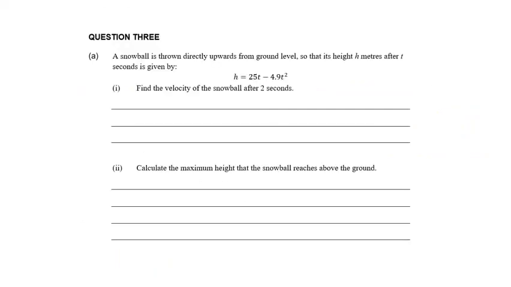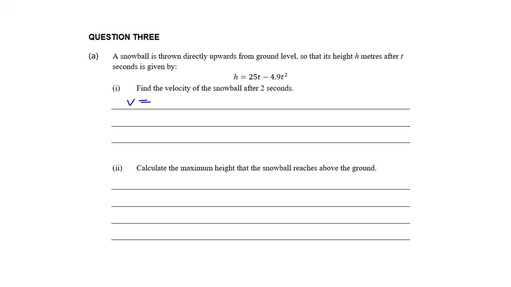Next one. Find the velocity. Height is that. Now, seriously, there are some questions in here that you just need to know. This is one of them. This is going to be a gimme one. Height is, well, that's a distance equation. You want the velocity, so you have to differentiate.